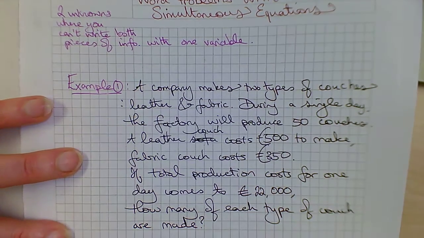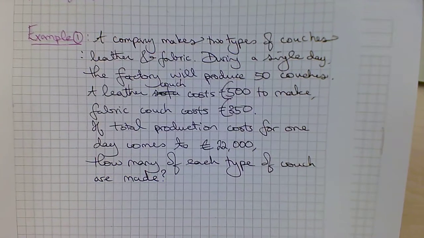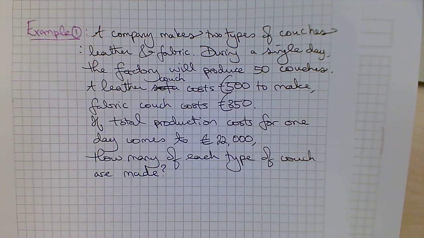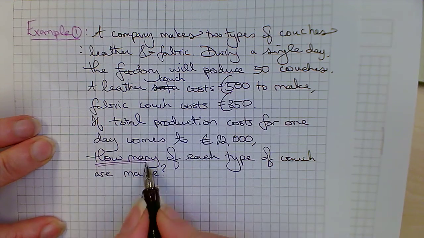Okay. So this seems really complicated. It's definitely not something that we can easily answer or work out in our heads. We've got to do a little bit of work. So the first thing to do is maybe to assign variables to what we're trying to find out, and that is how many of each type of couch.